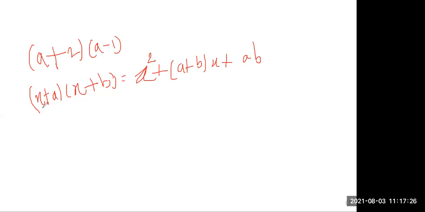If you are unable to solve by this formula, you can solve it like this, one by one. You can take (a+2)(a-1).